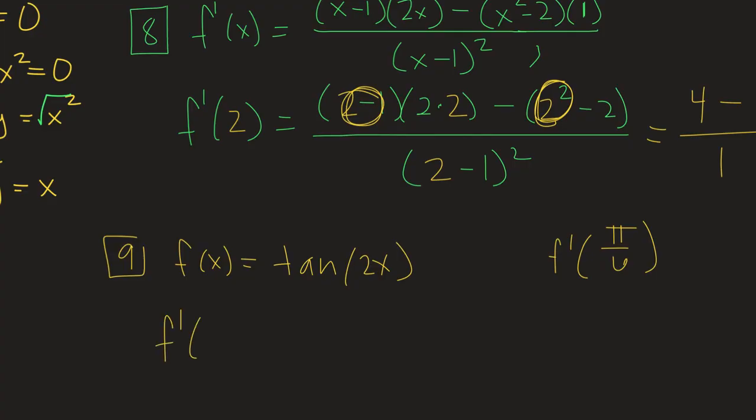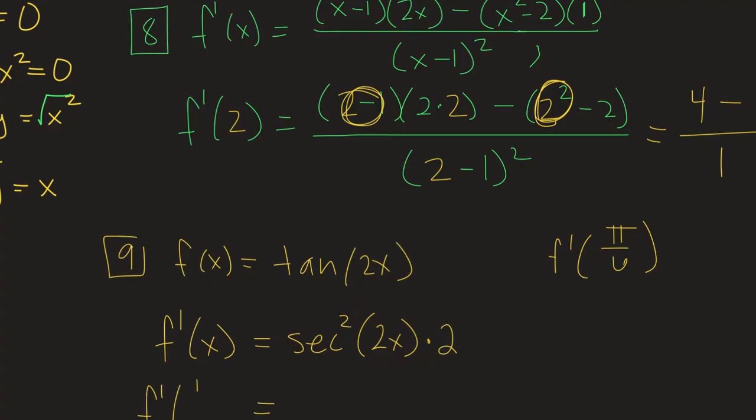Let's take the derivative. What's the derivative of tan? This is something you should memorize. The derivative of tan is secant squared of 2x times, what's the derivative of 2x? 2. It's always a chain rule derivative.